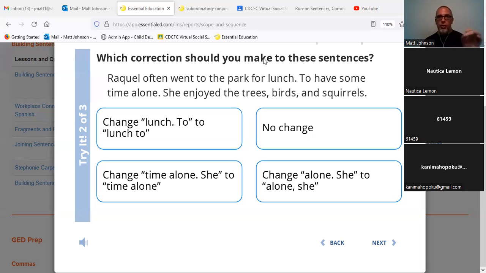So we know that "to have some time alone" needs to go with another sentence. It needs an independent clause, because it is a dependent clause the way it stands. So Raquel often went to the park for lunch. To have some time alone, right? Remove the period, and add "to have some time alone" to that beginning sentence.